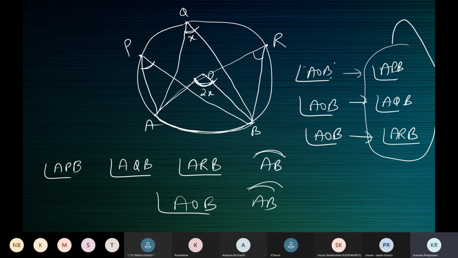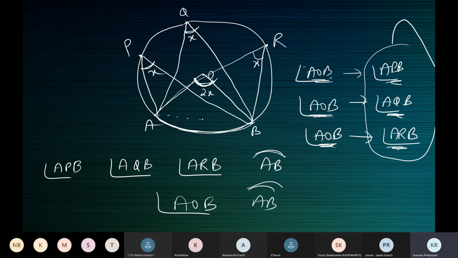Center, circumference, center, circumference. And the relation is the center angle is double the angle on the circumference. So if this is 2x, this is x. Same thing here also it will be x, and here also it will be x.